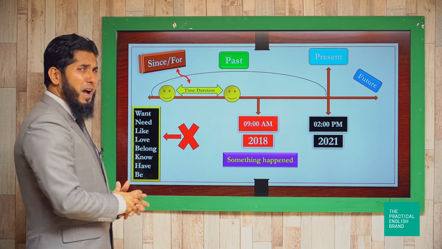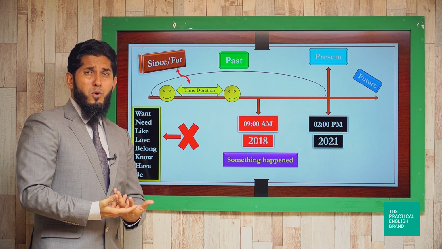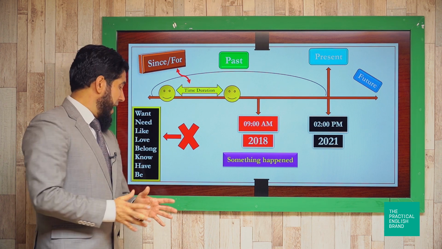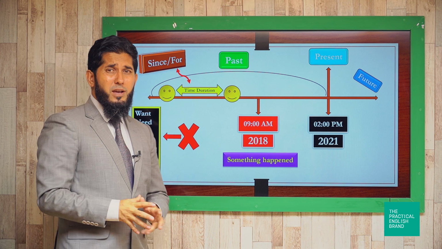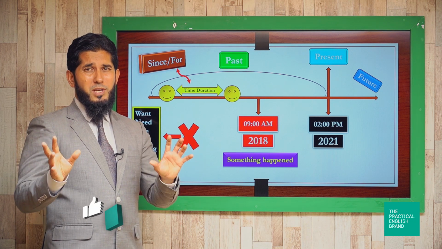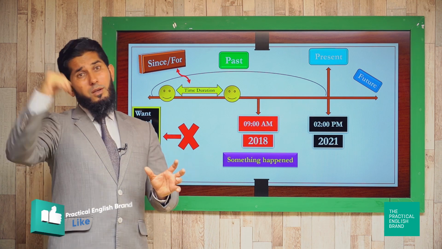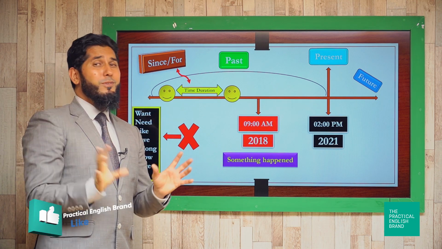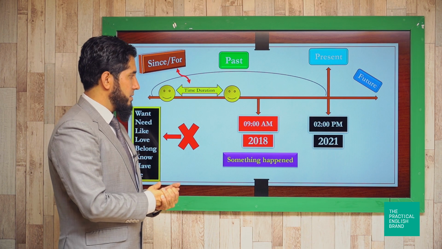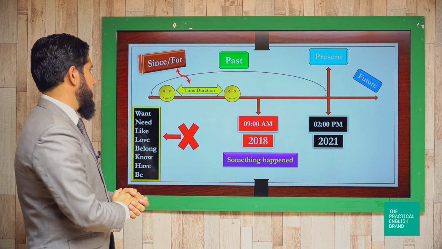Or for example, I had been knowing you for many years before you left the country, or I had been loving my country for many years, or since I was born up to, for example, last year. So, I mean, do not use state verbs in past perfect continuous tense. Okay, I hope this concept is clear.